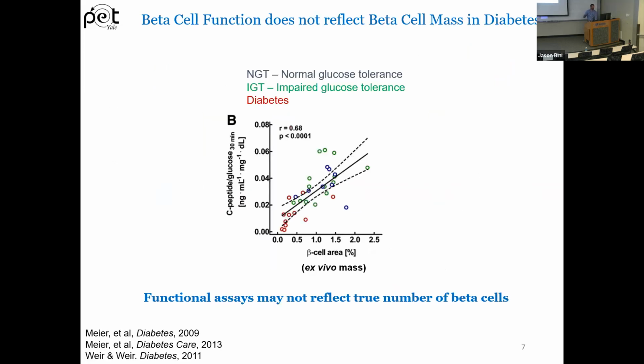And just to show this, this is ex vivo beta cell area that's been done after autopsy, showing C-peptide release. And I always like to highlight these three individuals with diabetes that show that there are three distinct masses here, but different functions.